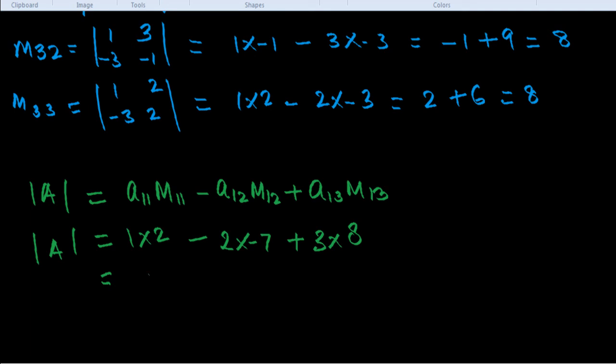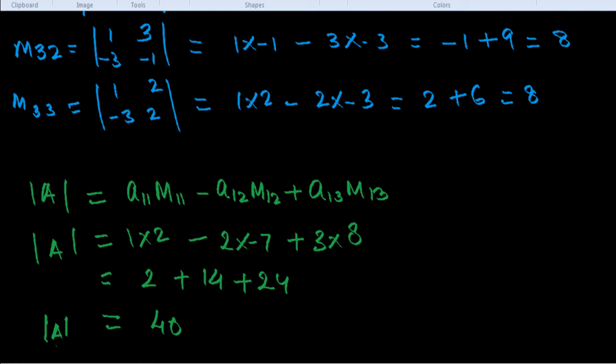Now we get here 2 plus 14 plus 24. So we get 24, 28, 38 and 40. This is the value of this determinant A.